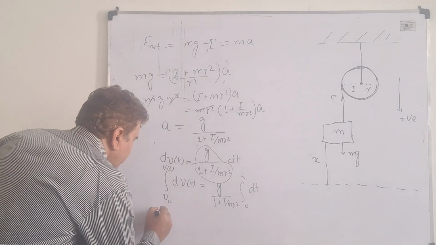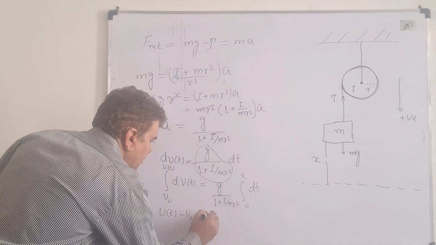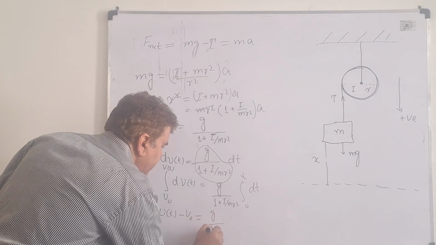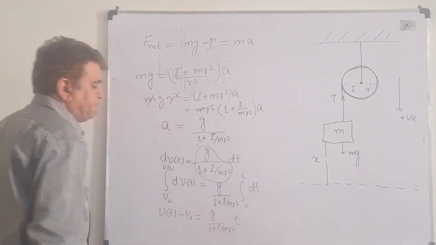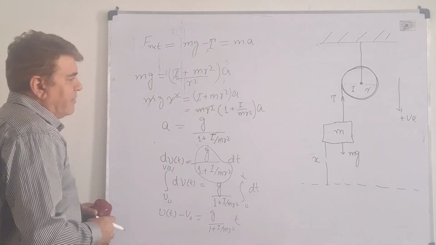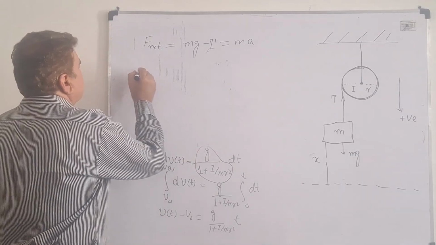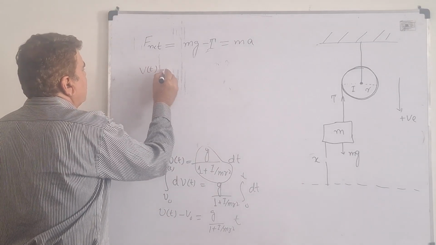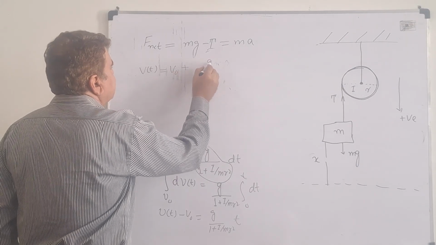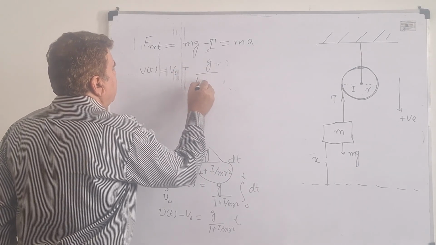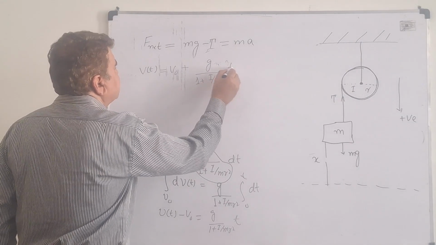This just gives me v of t minus v naught equals g divided by 1 plus I divided by mr squared times t. Or from this I can write further v of t equals v naught plus g divided by 1 plus I divided by mr squared times t.